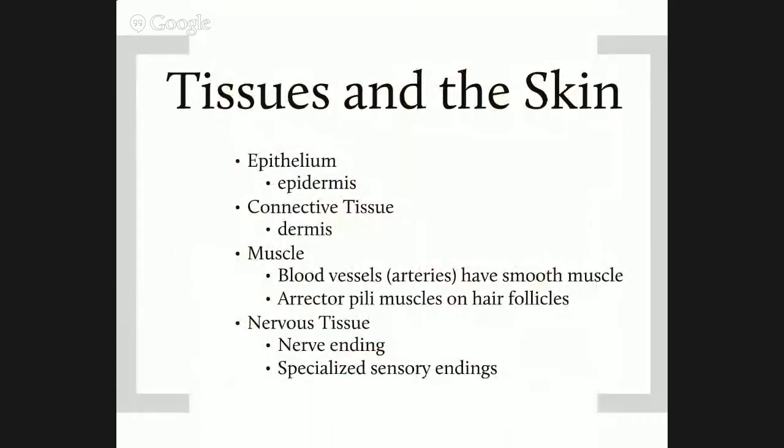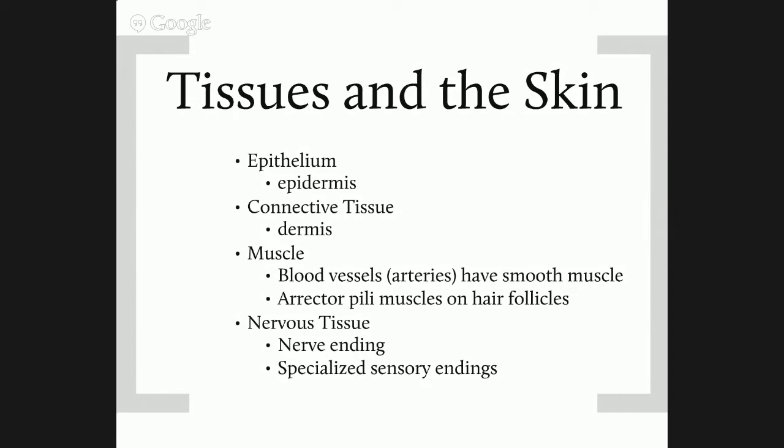this is just a quick rundown of where we find the different types of tissue in the skin. The epithelial tissue that's most prominent in the skin is what we call the epidermis. And there's a stratified squamous epithelium that is the outer covering to your whole body. It's actually not the only epithelial tissue in the skin, but it's the primary one.